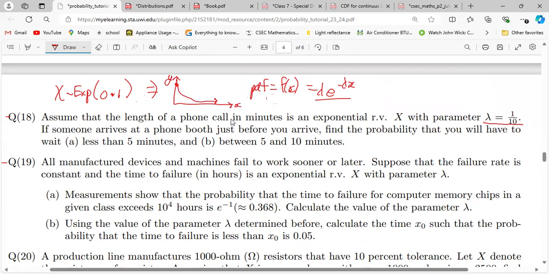This starts at lambda. So this is how it looks visually. All right. So the question asks less than 5 minutes. Anytime they give you less than and that sort of stuff, they are basically talking about the CDF. They're not really hiding it too much.